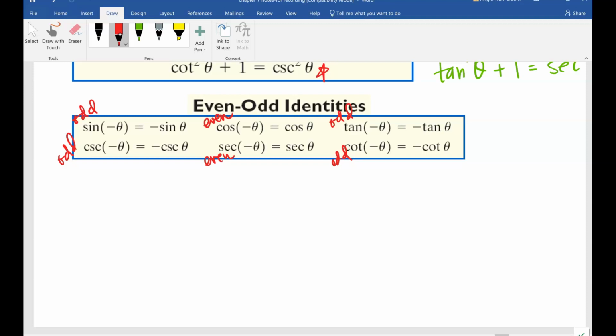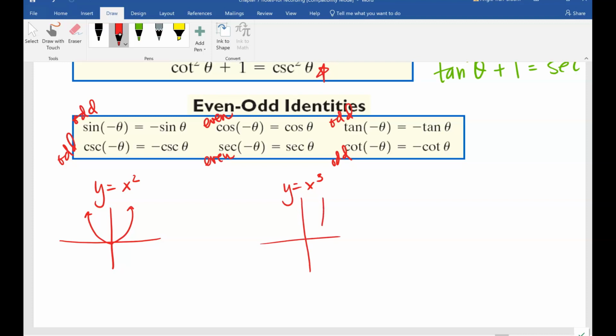And we talked about this a little bit too, and I'm just going to bring this up again. This is an even function because it's symmetric about the y-axis. This is a basic odd function because it's symmetrical about the origin. So when I test it out, let's say I pick a positive value of x.